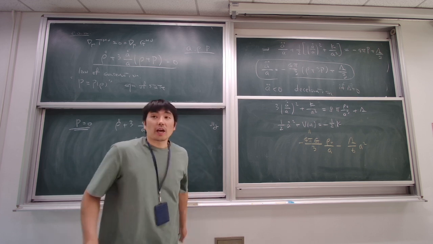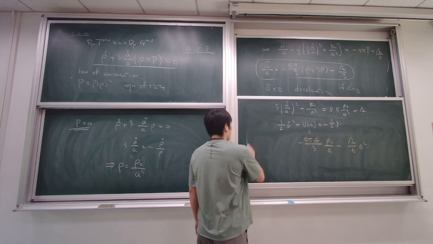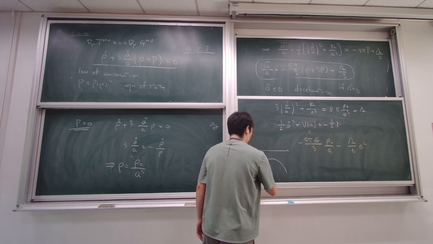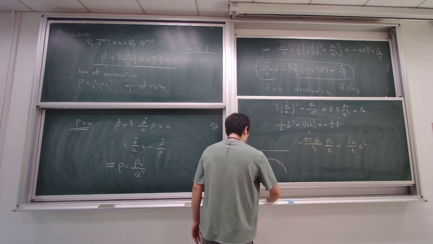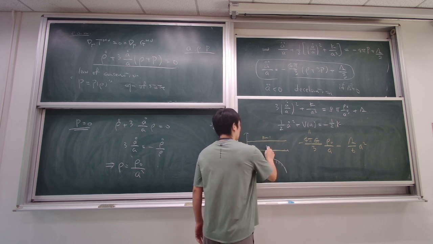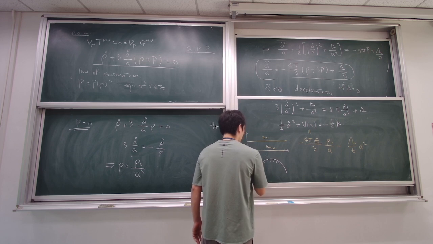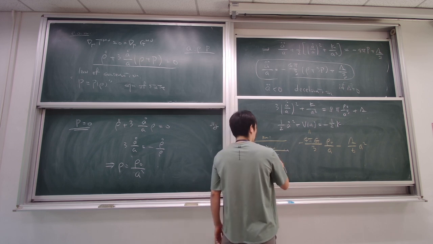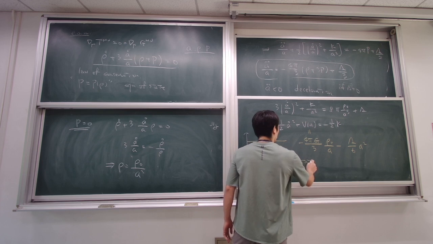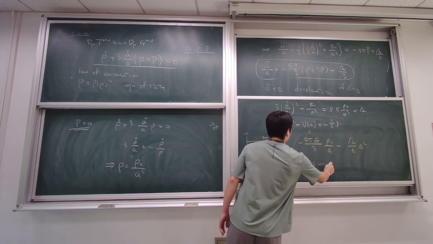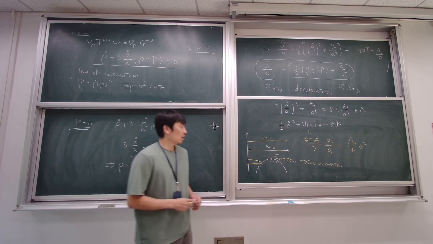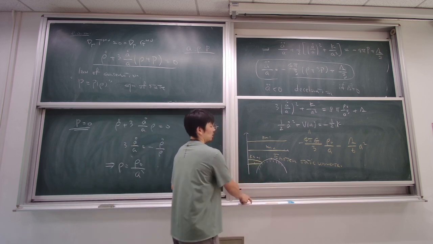Maybe we're running out of time, so we just consider some cases. This potential, if you choose an appropriate lambda, becomes like this for K equal to 1, like this for K equal to 0, and like this for K equal to minus 1, and so on.